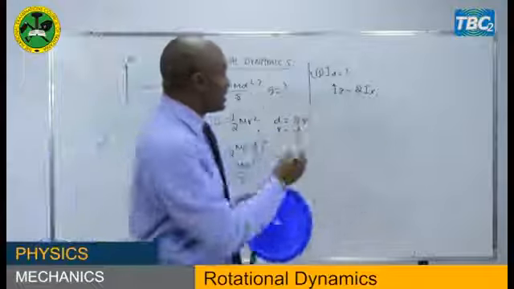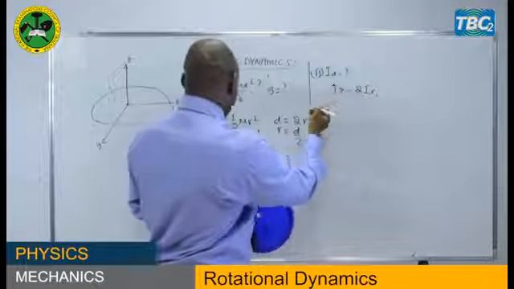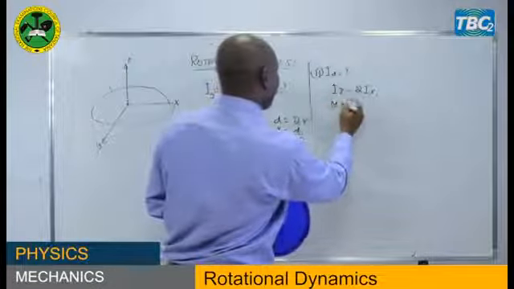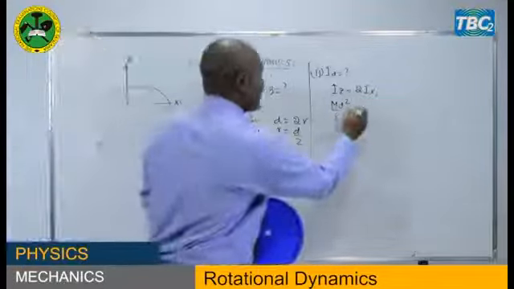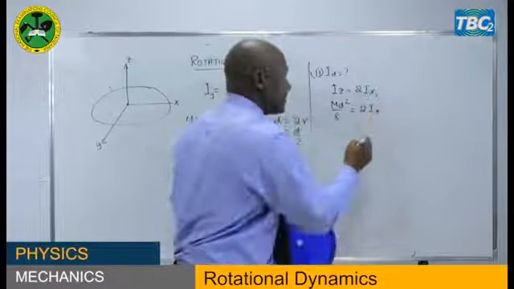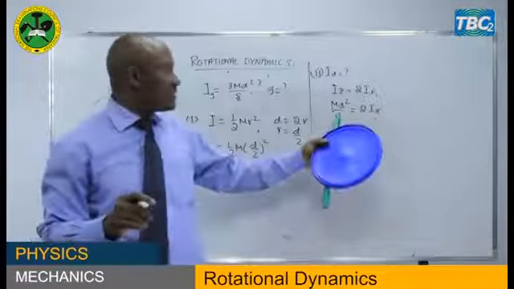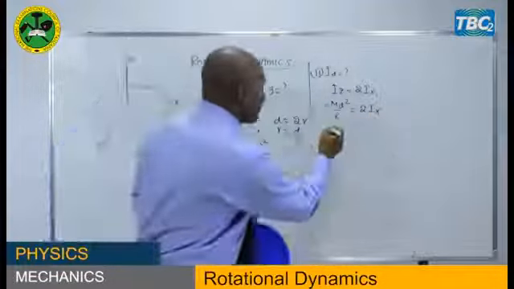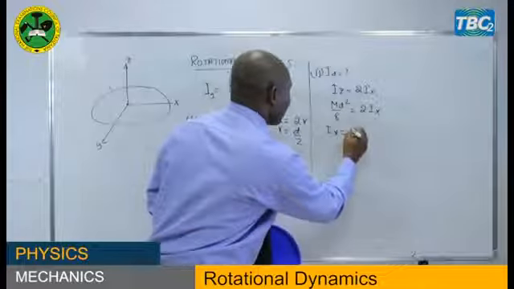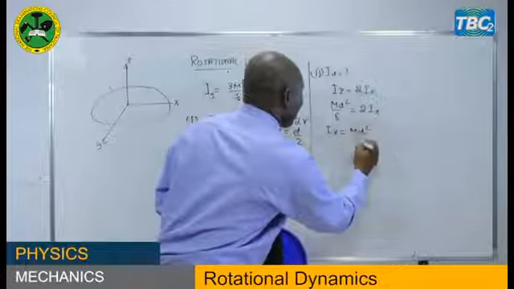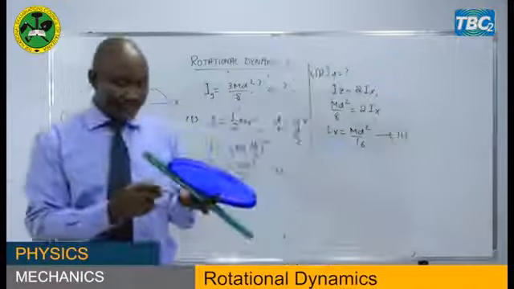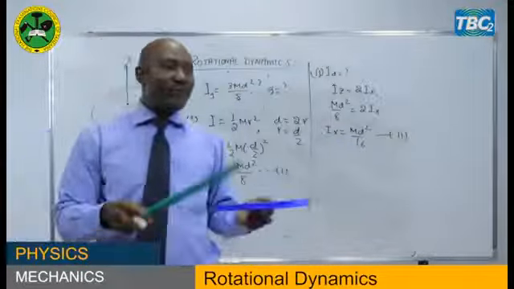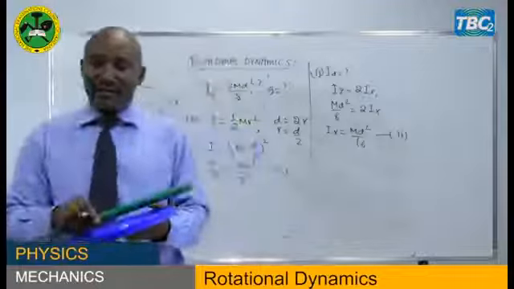Iz, the moment of inertia about the center, is md squared over 8, giving us 2Ix. Dividing by 2, we have Ix equals md squared over 16. Case number 2 is not correct. That body is not rotating about the diameter.